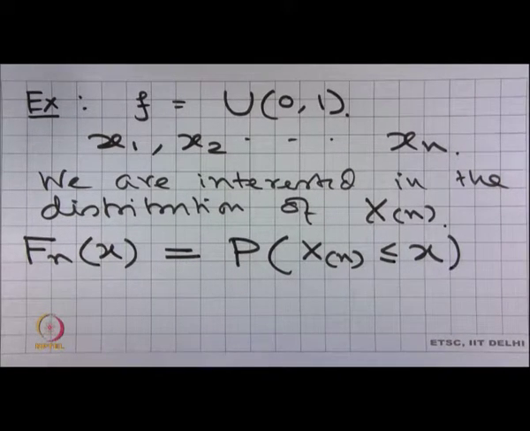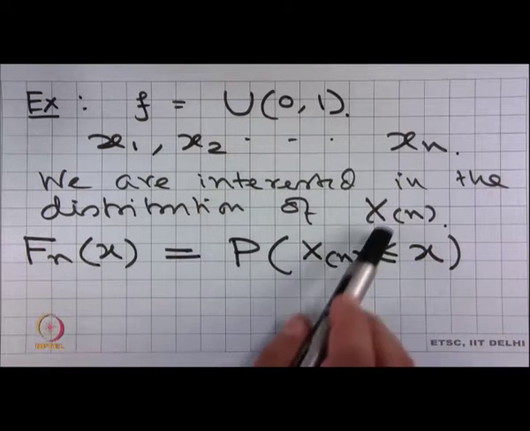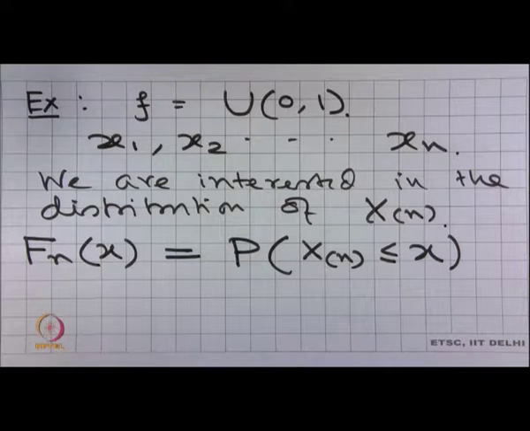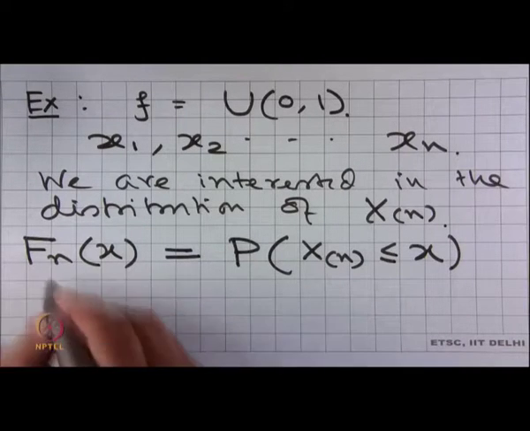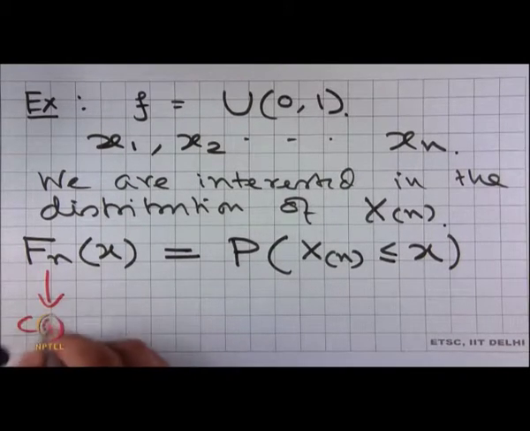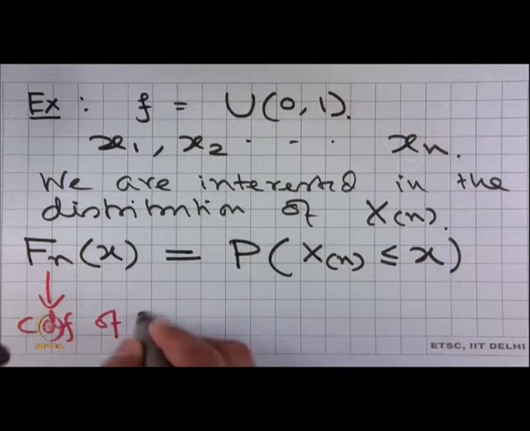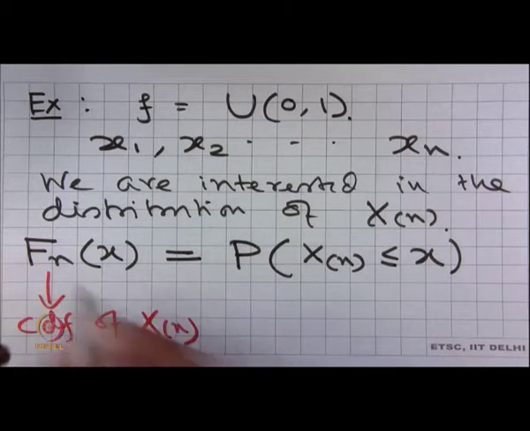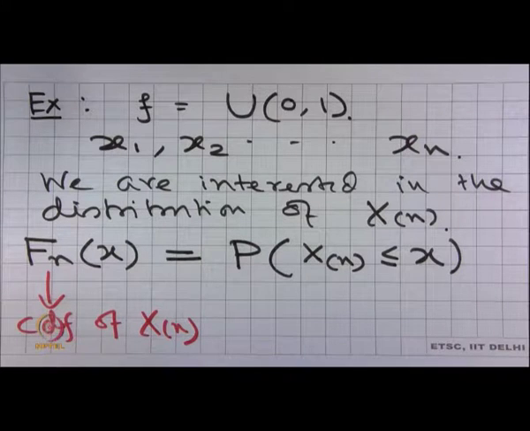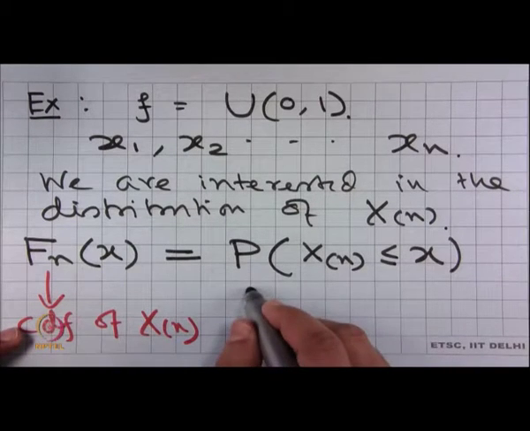We will first calculate the cumulative distribution function of the nth order statistic. So, this is the CDF of x n, which we denote by F n. This is the probability that the nth order statistic is less than or equal to x.